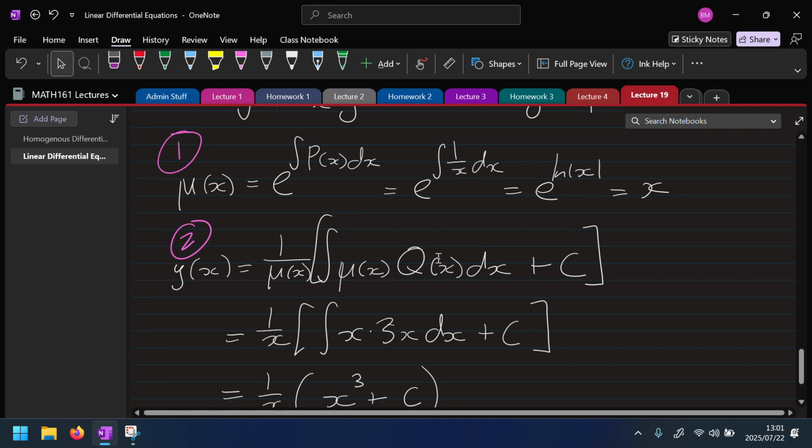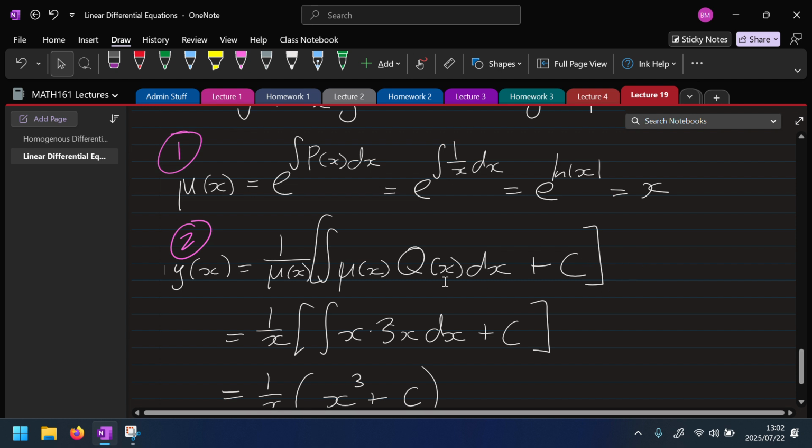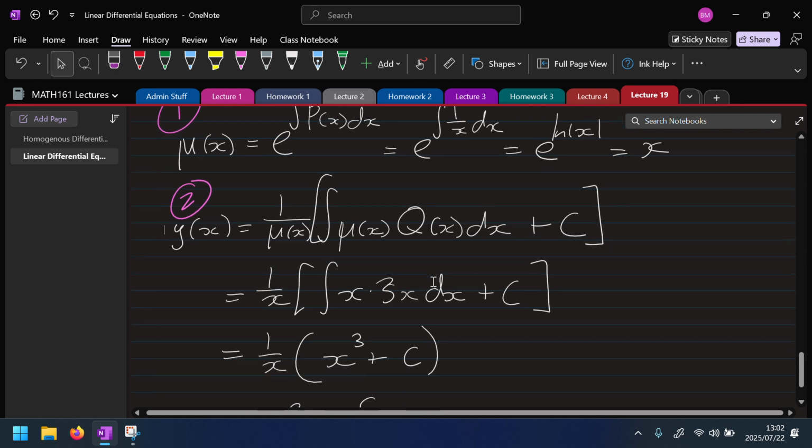So just 2 things to remember: that equation there for mu, the e to the integral p, and then that equation for y. That will not be given. You need to remember that. Any questions for this example? Okay. It's not so bad. Just substitutes and integrates.